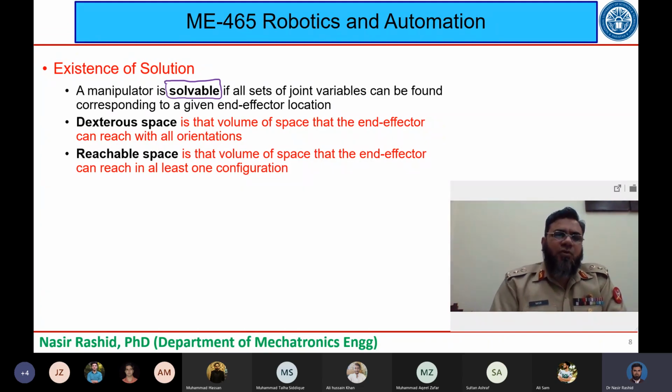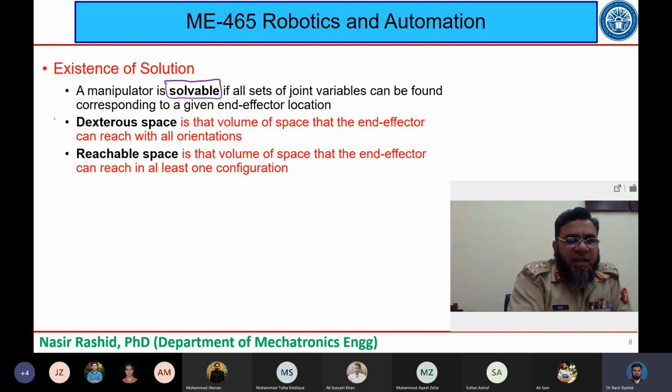So before going on to the solution, let me first introduce here the terminology, the dexterous space and the reachable space. So just look at the definition of dexterous space. Dexterous space is that volume of space that the end effector can reach with all orientations.